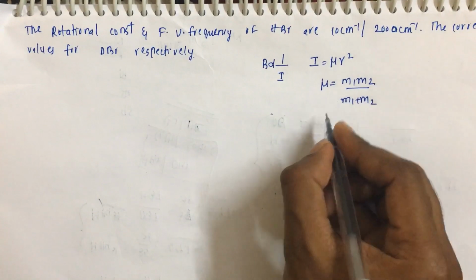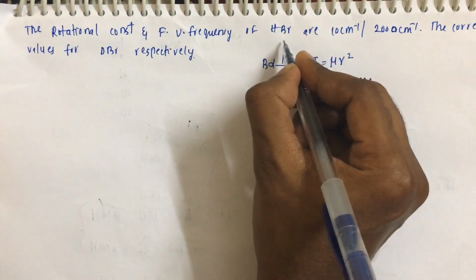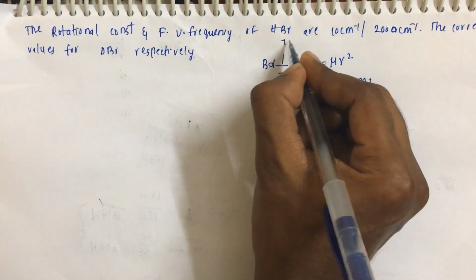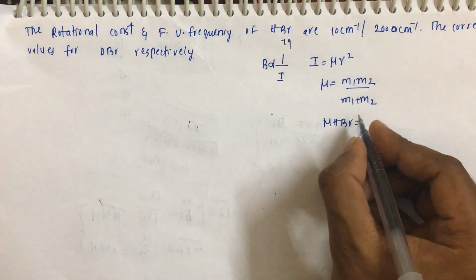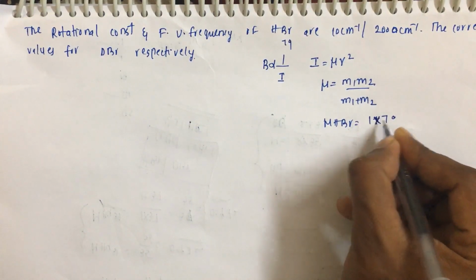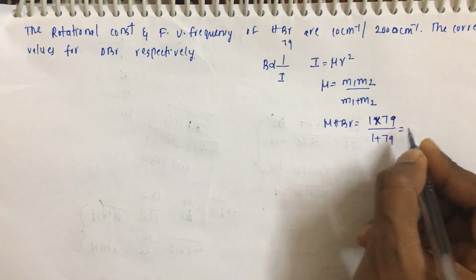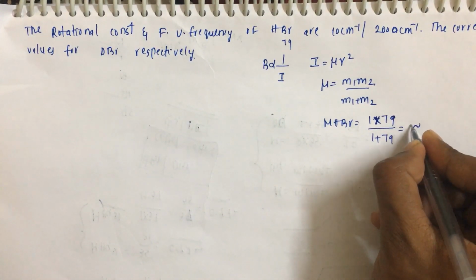So for HBr, how much will it be? For HBr we take this as the 79 isotope. Okay, so this will be 1 into 79 by 1 plus 79. So this comes out to be almost equal to 1.